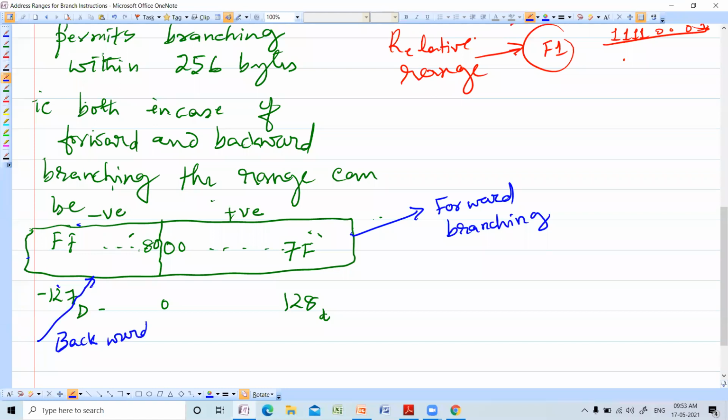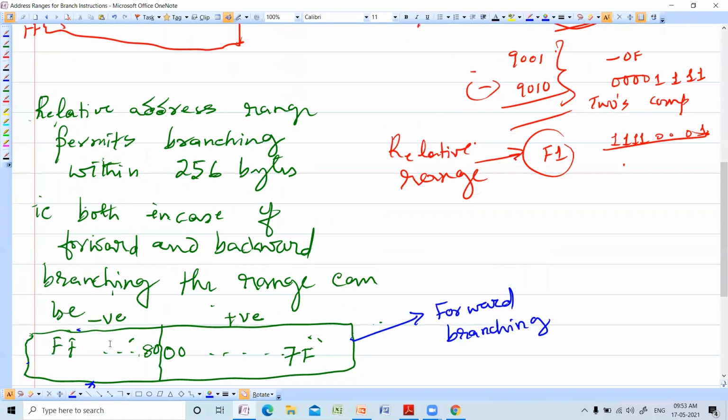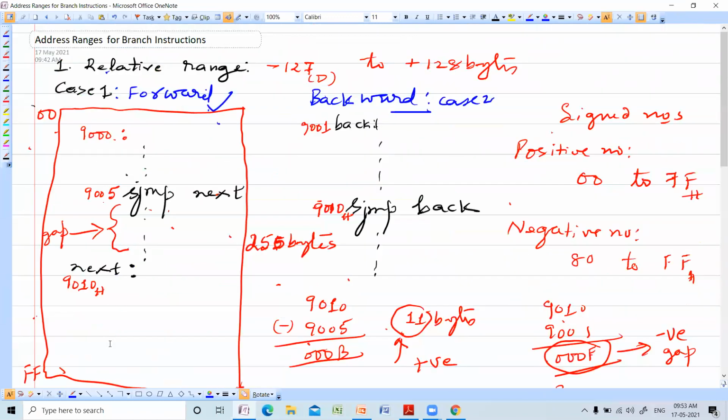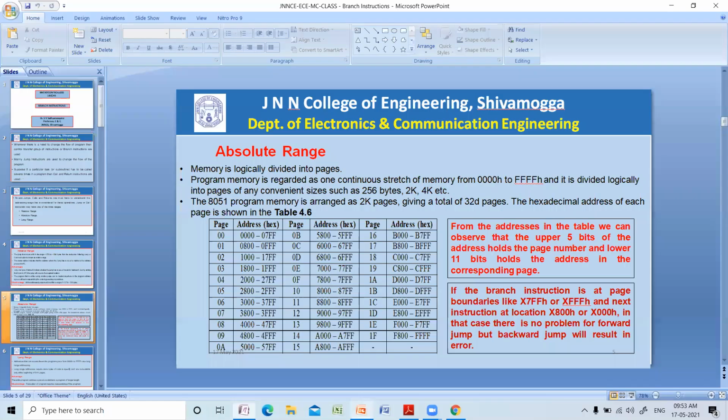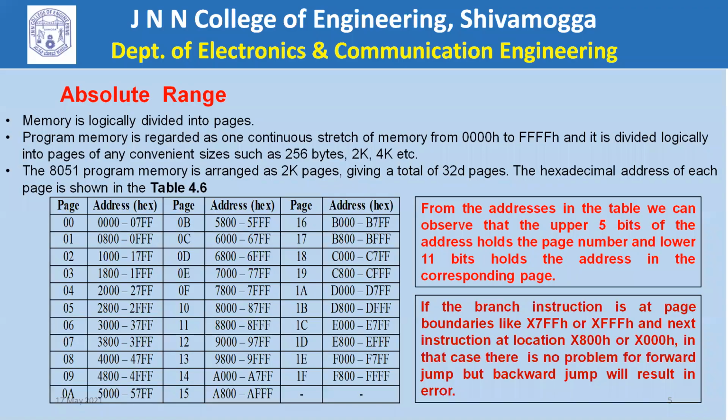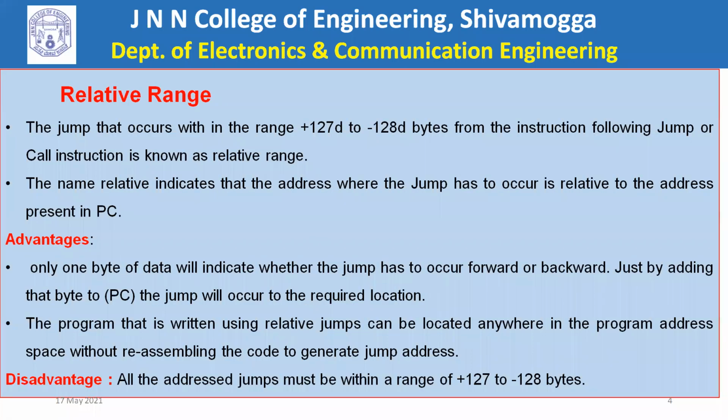That is why in the next case you got the answer as F1, minus 0F is nothing but F1. F1 is in this range. So we have to understand very clearly what is called relative addressing. The advantage of relative addressing is that only 1 byte of data will indicate whether the jump has to occur forward or backward.